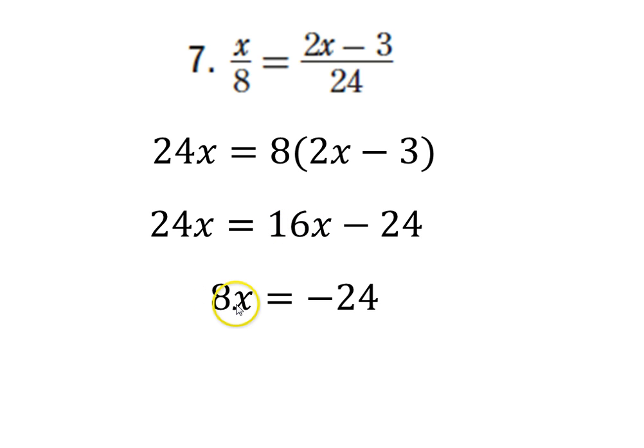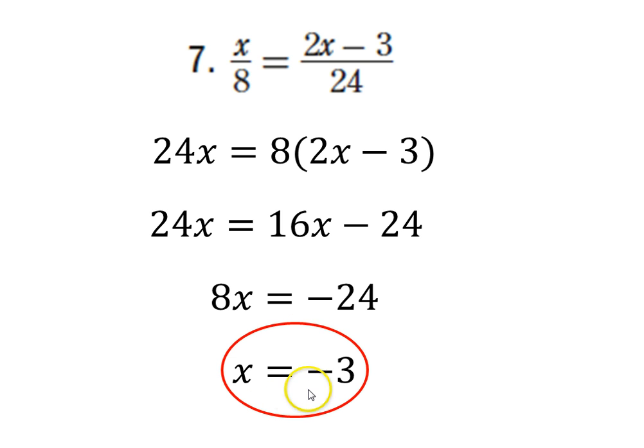And I get 8x, which comes from 24x minus the 16x from the other side, equals negative 24. If 8x equals negative 24, divide both sides by 8, and you get x equals negative 3. So the value for x in this proportion is negative 3.